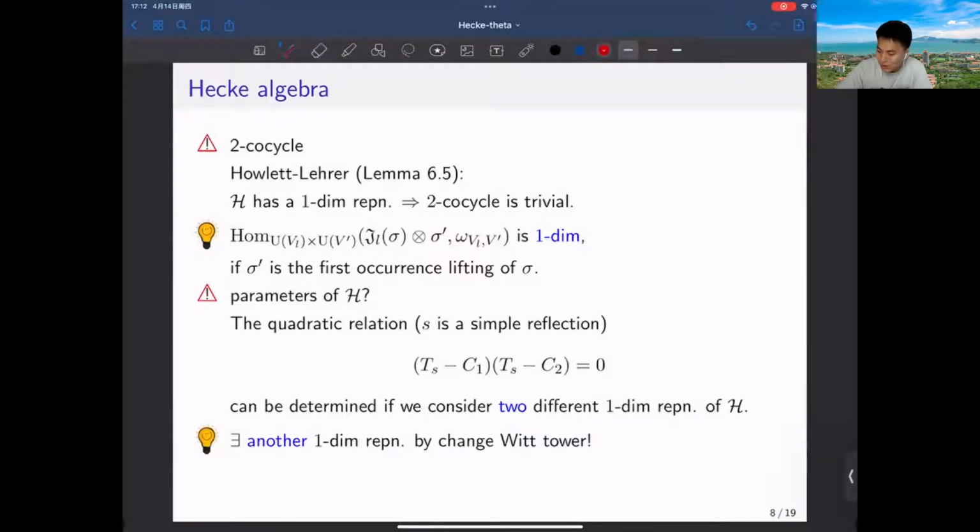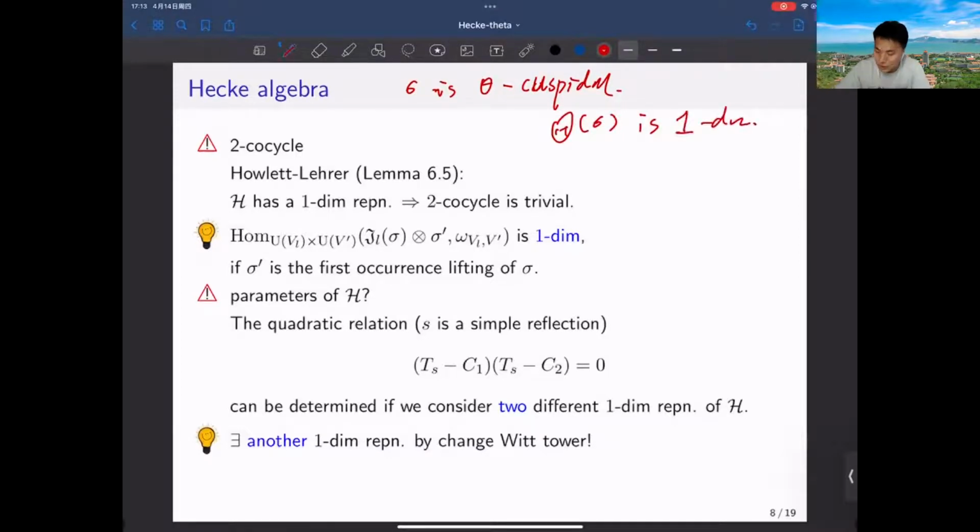Recall that we always assume that sigma is theta cuspidal. Then the big theta of sigma is 1-dimensional, right?